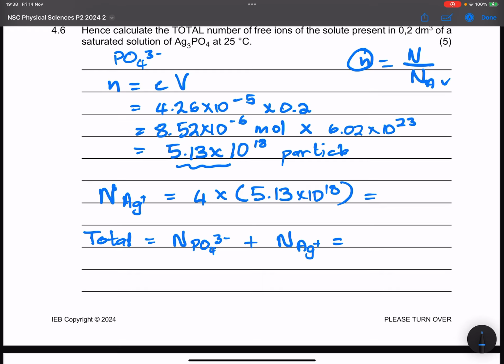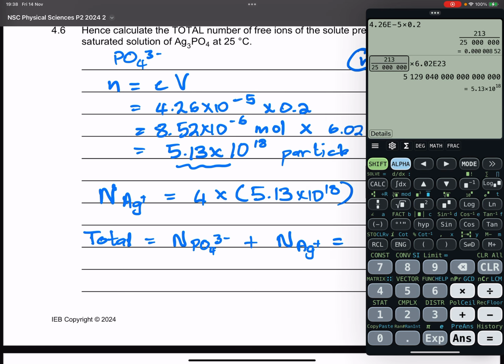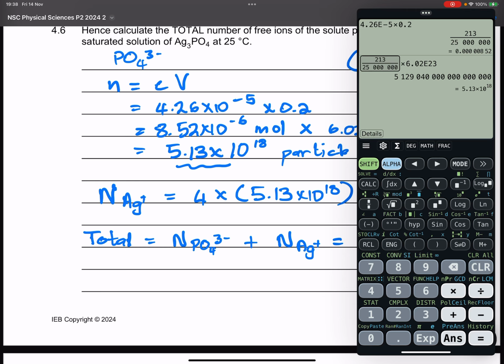So in that case, we will just have, let's take that. What did we just do? So that's 4 times 5.13 exponent 18.